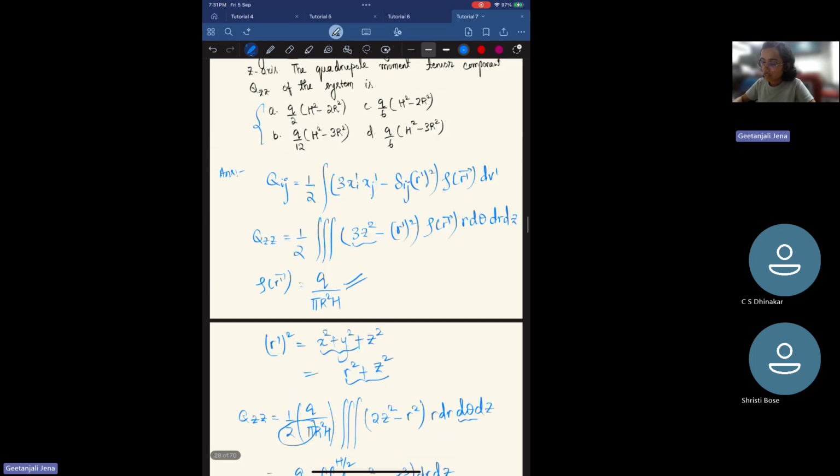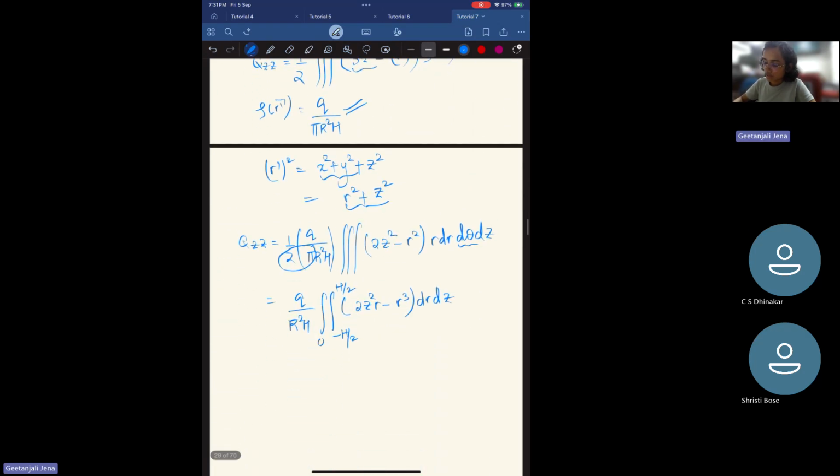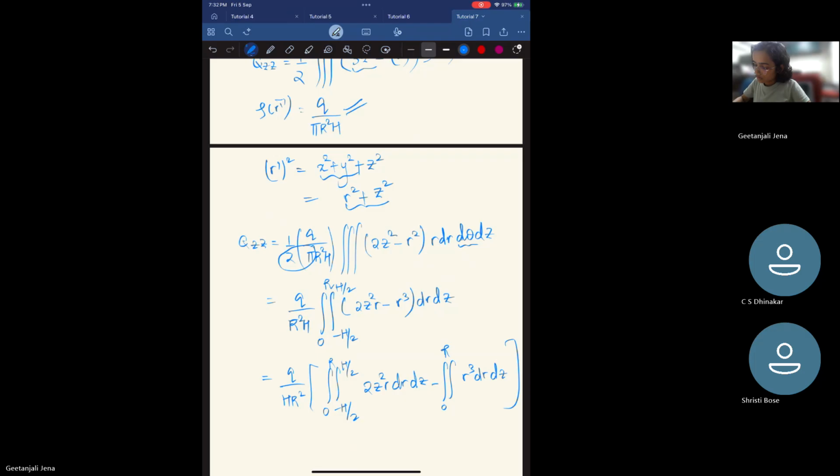And the radius of the cylinder is R, so this is 0 to R. We can separate out the integration: 2 z squared r dr dz minus r cubed dr dz.